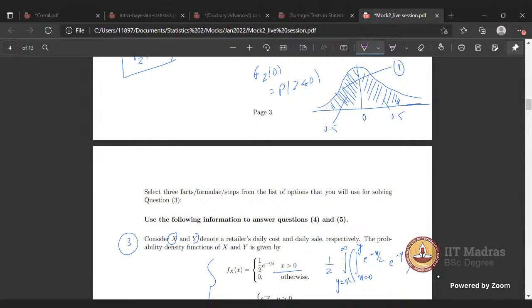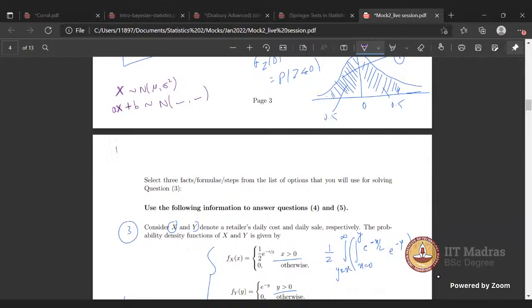You have, let's say, a random variable x that is normal with mu and sigma square. Now you multiply this with a constant a and translate it by b. So this distribution also becomes normal with some expectation and some variance. How do we find them?